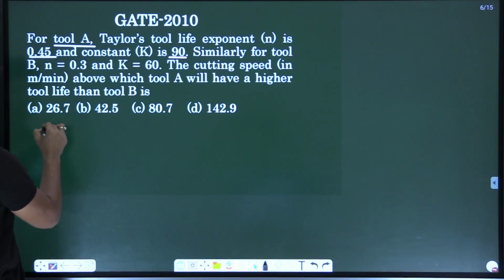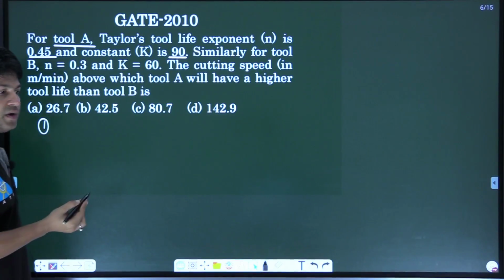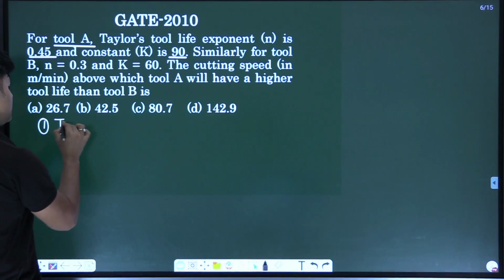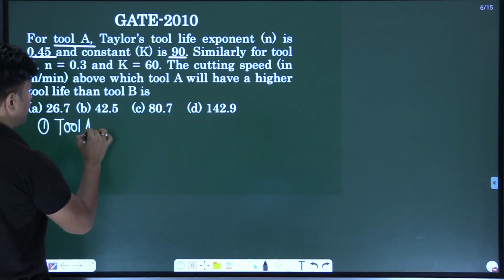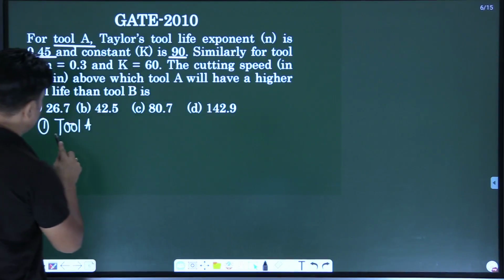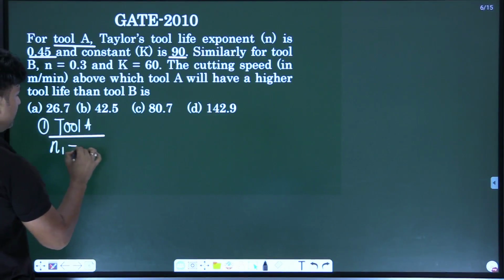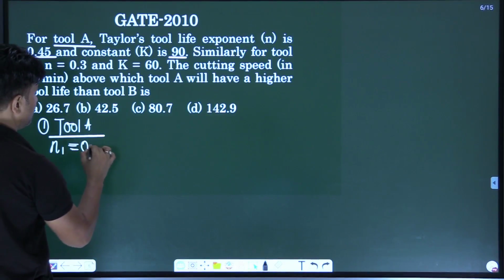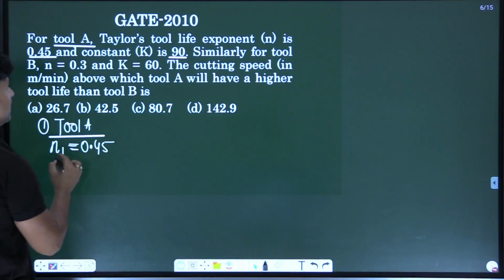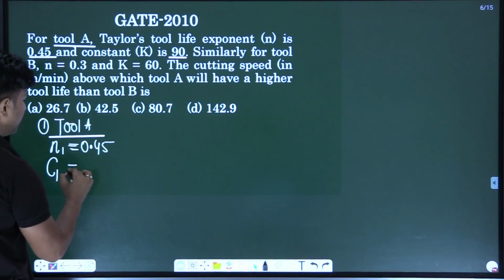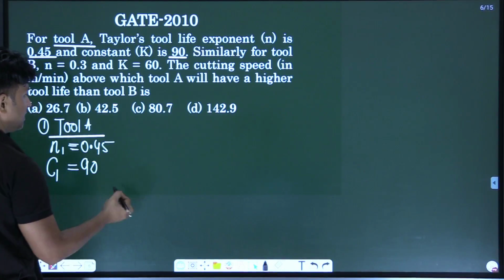I am representing tool A by 1, so tool A has N1 value 0.45 and C1 value 90, right?